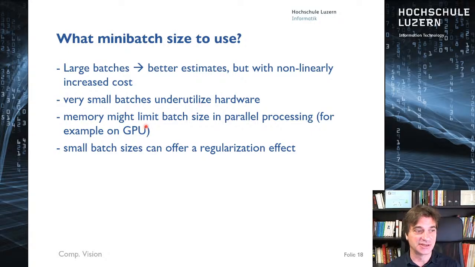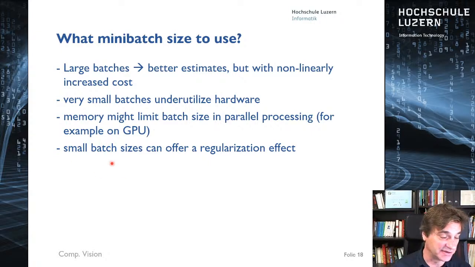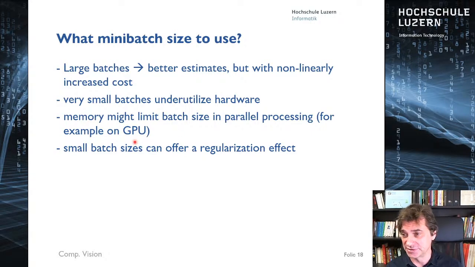Usually in image processing, you will end up with some memory limit of your GPU memory. If you only have 12 gigabytes on your GPU and you have large images, then it will not be possible to process more than some images here. Actually, theoretically, smaller batch sizes have a regularization effect. But in practice, I would check with your GPU and use as large a batch size as possible.